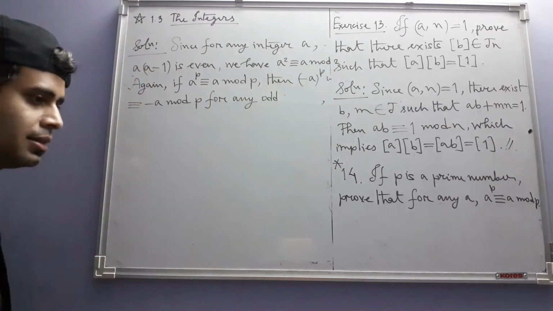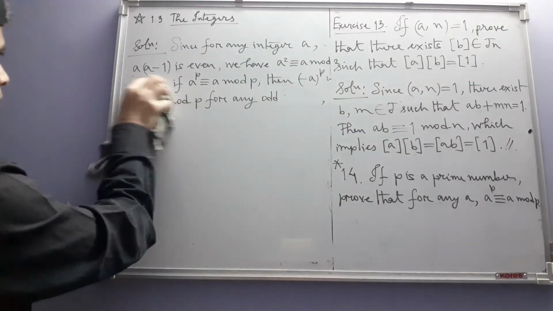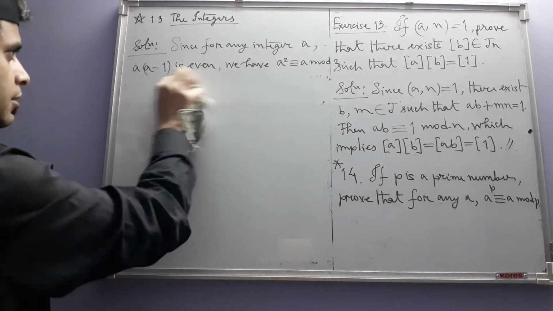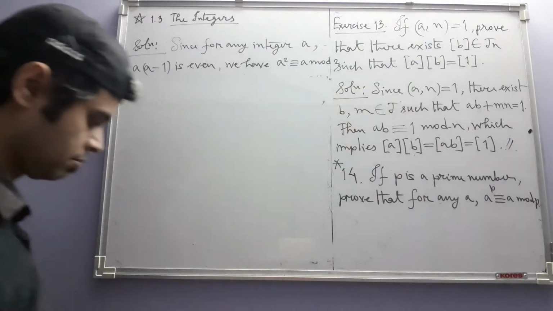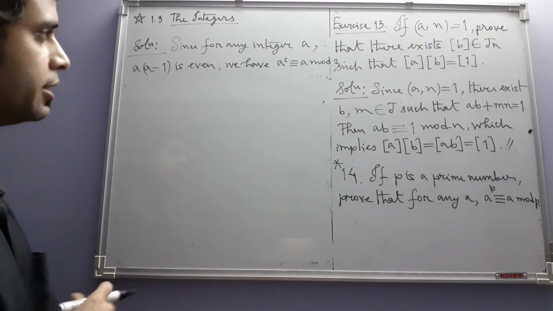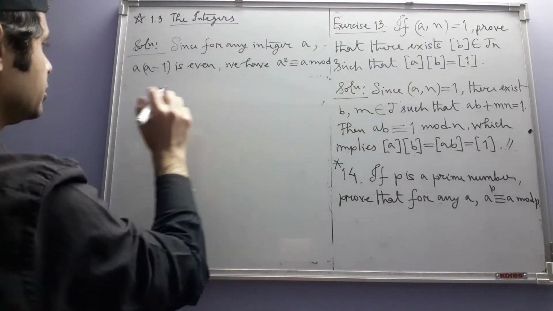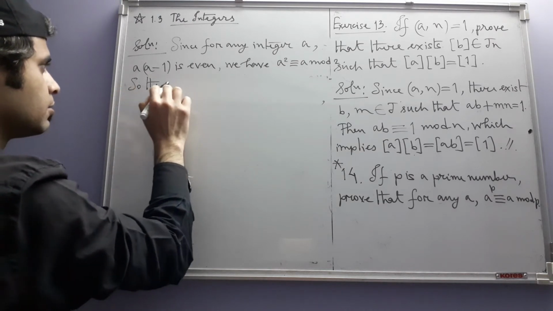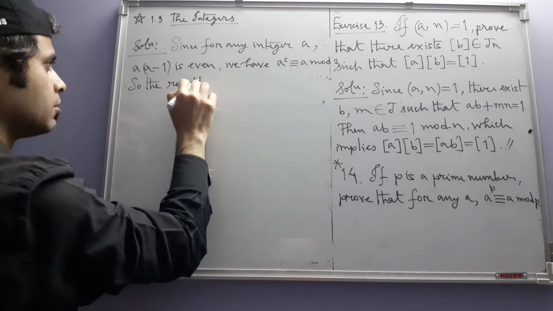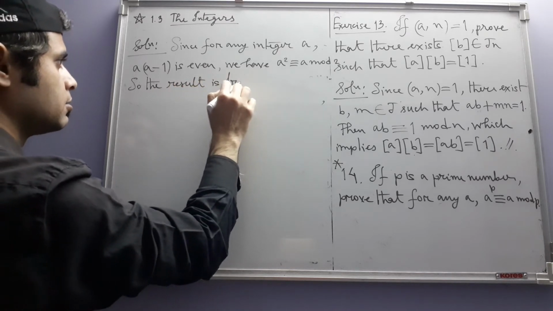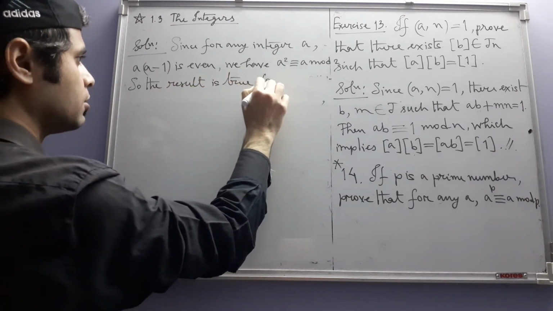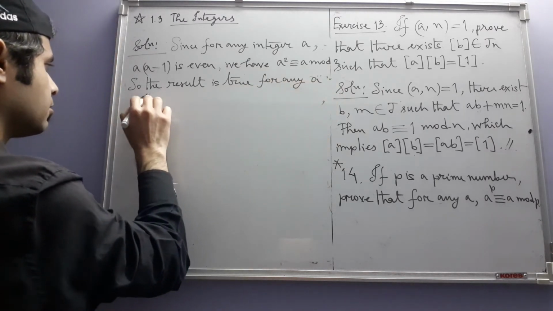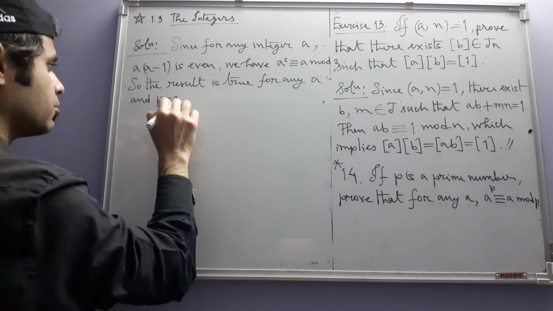Or let me write it systematically. Let me not collect the special cases first. Let's just take one step at a time. So what is our conclusion here? So the result is true for any a and p equal to 2.